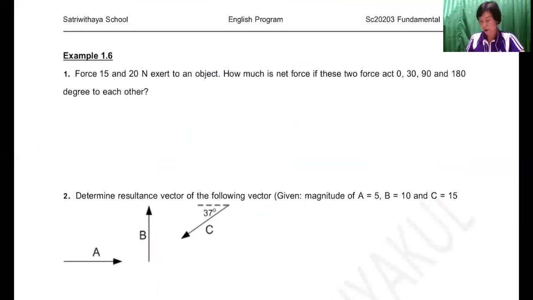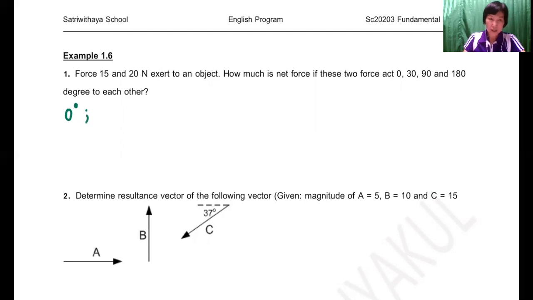Suppose we have forces of 15 Newton and 20 Newton acting on an object. How much is the net force between these two forces when they act at an angle of 0 degrees, 30, 90, and 180 degrees against each other? Suppose the angle between them is 0.